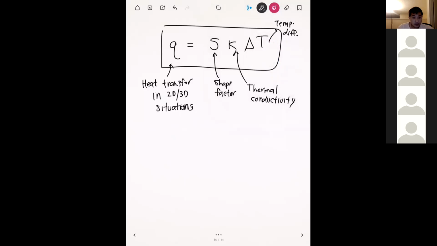Right. And so this S, this is kind of the new guy here, right? And so shape factors, you can almost think of these as coefficients that quantify the heat transfer from certain geometries.